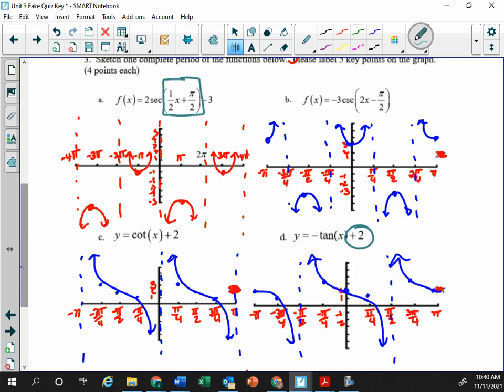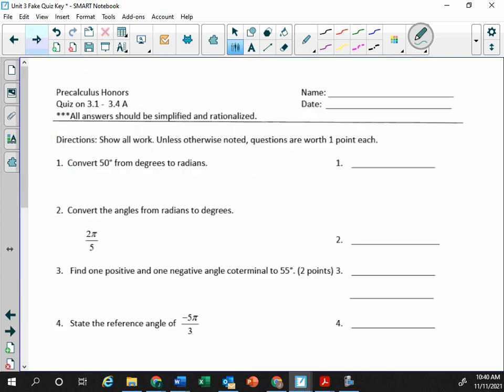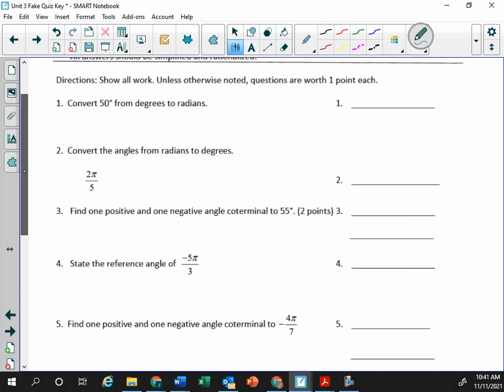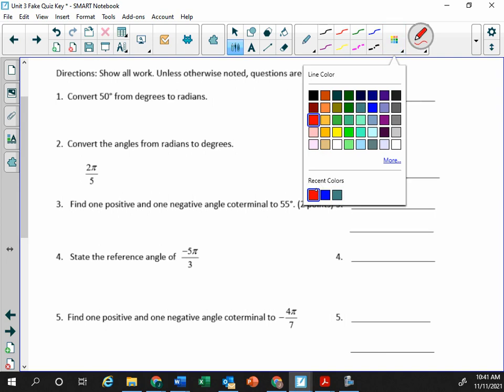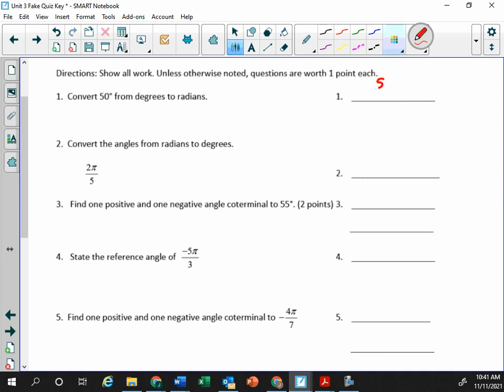All right. Anything else on the graphs? Okay, let's keep going. Let's go back to the stuff from the beginning of the unit. Did you guys like forget that this part even existed for this unit? Yeah, okay. All right, let me jot the answers, and then if you need me to go through any of them, I will.